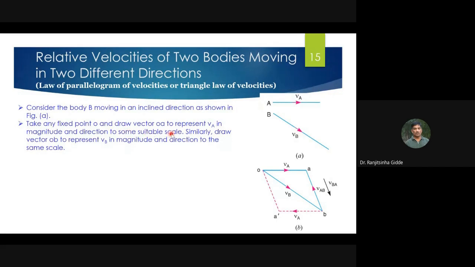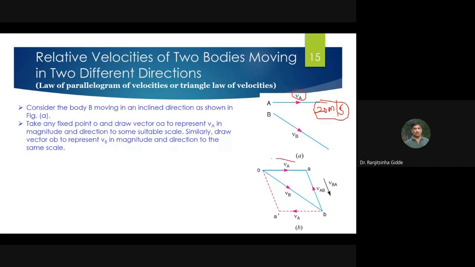Now, for example, suppose this VA is given as 20 meter per second. This one is the absolute velocity.